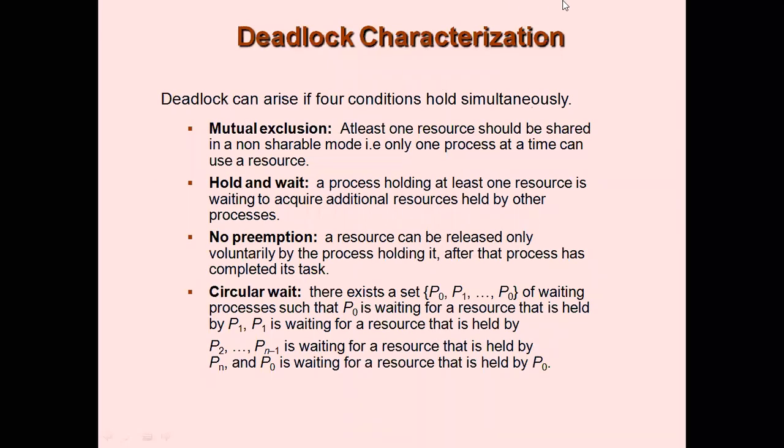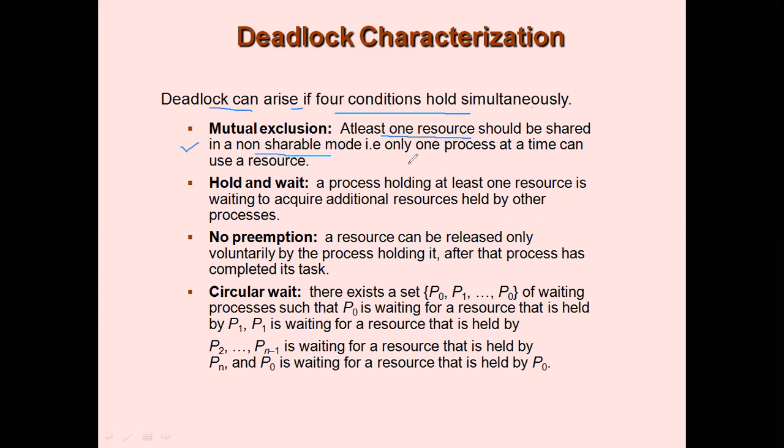Now, this is a very important concept, guys. If a deadlock has to arise, then it has to satisfy all these four conditions that are mentioned here. Coming to mutual exclusion. Mutual exclusion means only one process can be operating on a resource, which means at least one resource should be in a non-shareable mode.